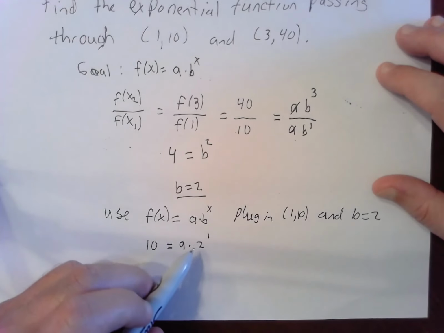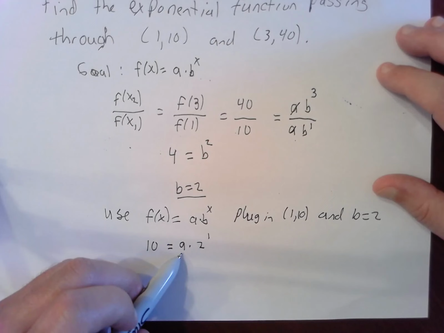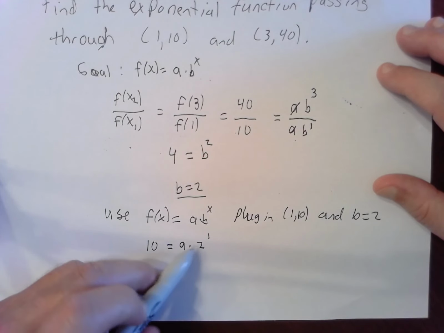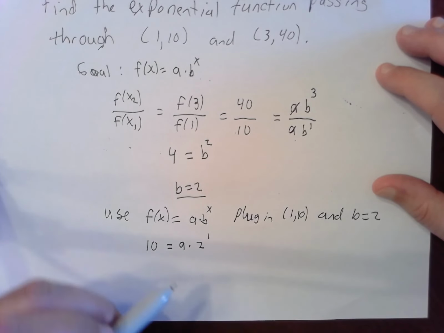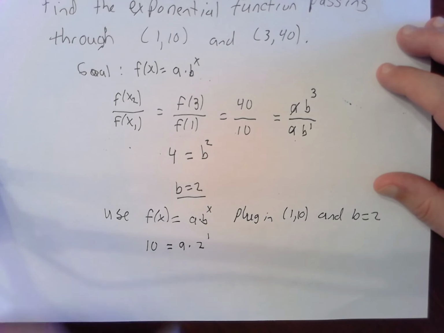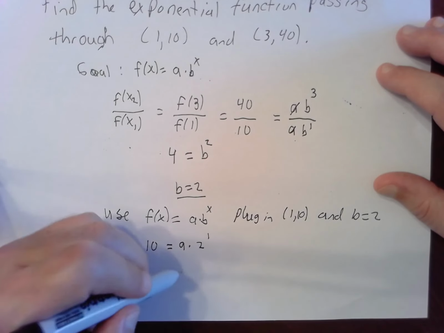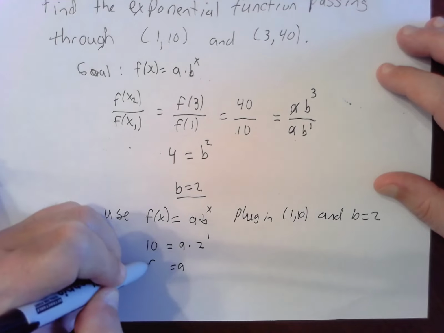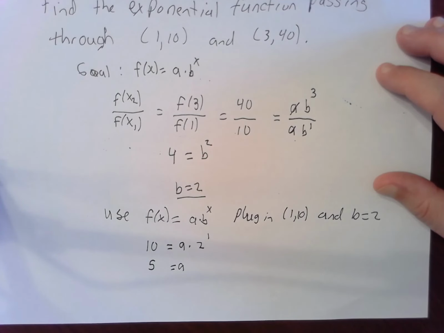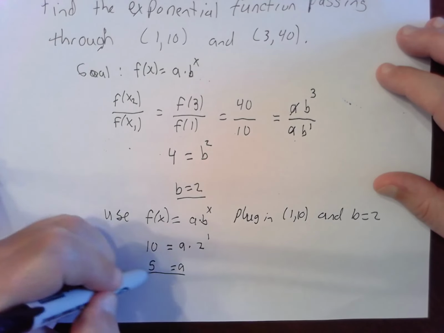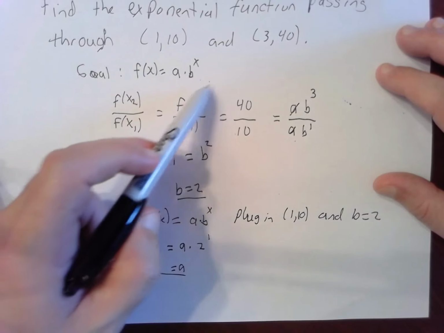This I can solve. It looks weird because I've got a times 2 because the 2 is kind of on the wrong side here. But that's just 2 times a. To get rid of the 2, divide by it. We get a equals 5. And now we're done. Just write the function in this form.